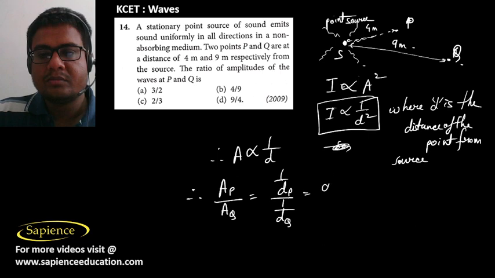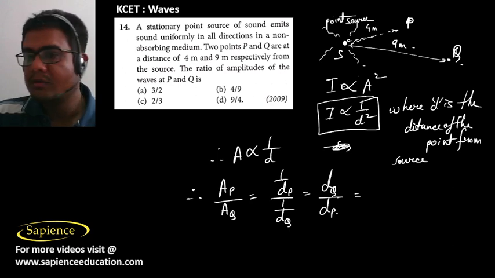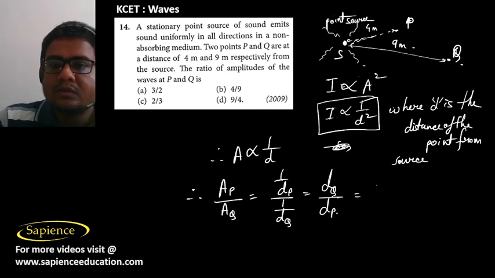So this will be equal to the distance of Q divided by the distance of P, that is 9 by 4. So option D is the correct answer.